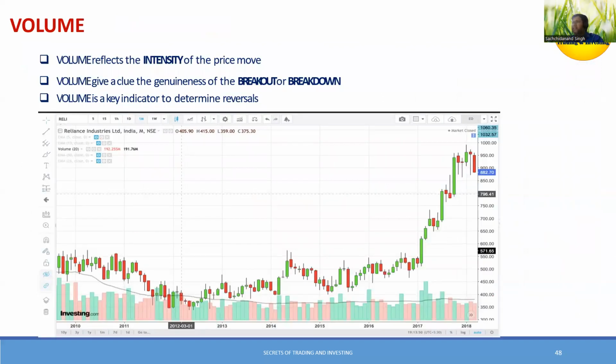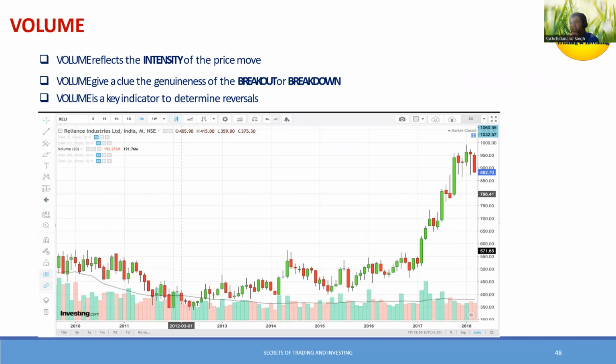Now, we are going to learn about the volume. What is the volume, basically? Volume is, as I have mentioned earlier, the buying and selling of the stocks happening in the market at any point of time.